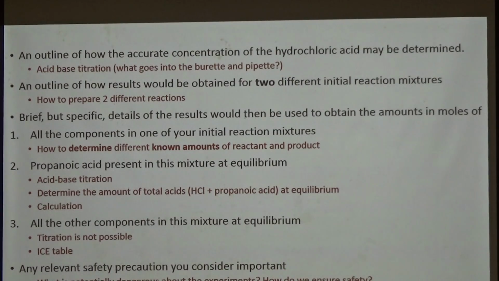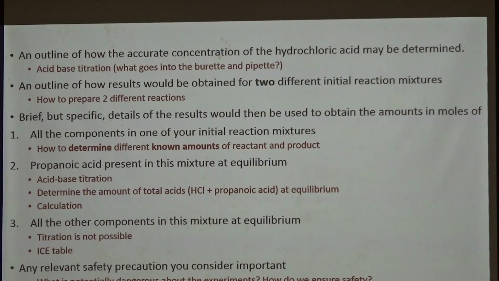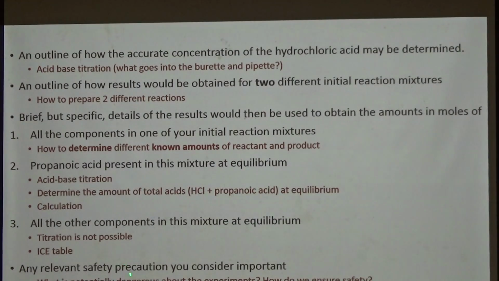So what is potentially dangerous about the experiment? Especially the reactants. And that's when you find that the question actually gave you the answers already because of the table that it gave you. So how do we ensure safety in handling all these reactants? If you can answer that, then you have answered this bullet point. So everything here is something that you can already do at this point in time.